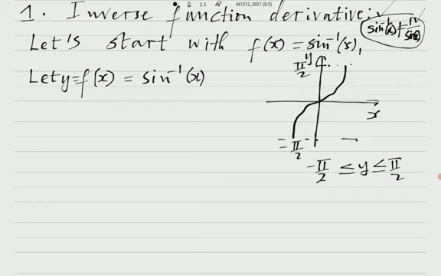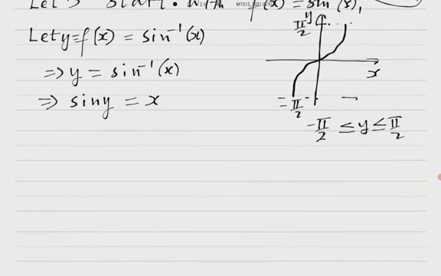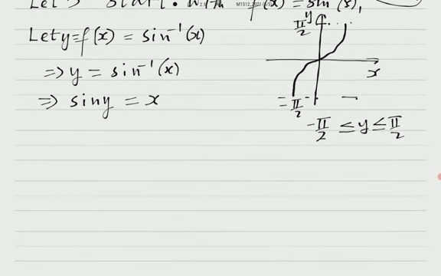We're interested here in y, which implies y is nothing but sine inverse of x, and straight away we can solve for x. This is equivalent to saying sine y is equal to x. At this stage, we are now ready to take the derivative. Let's take the derivative both sides.